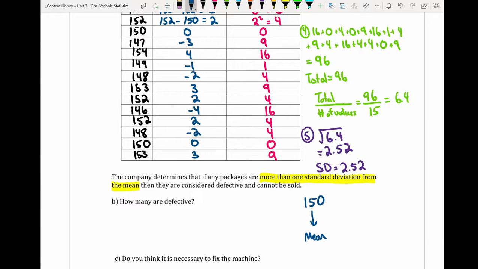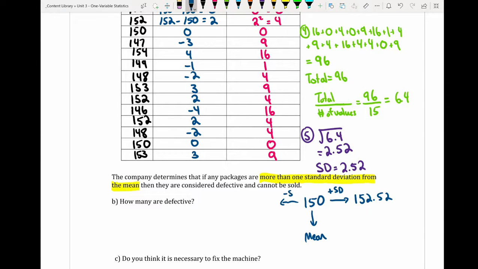It's 2.52. So if I go one standard deviation in the positive direction, I get to 152.52. But the one standard deviation could also be in the negative direction.